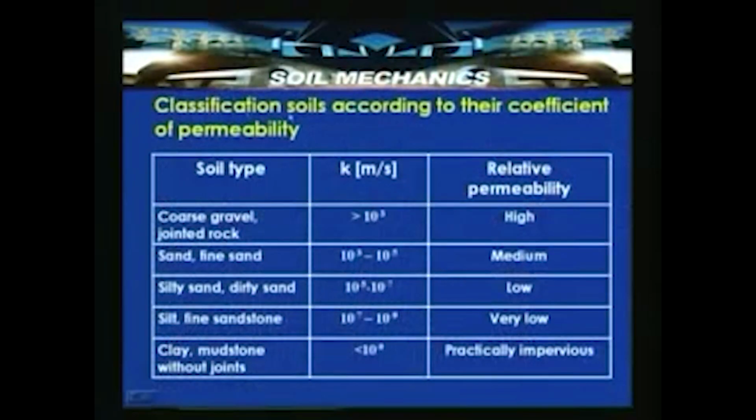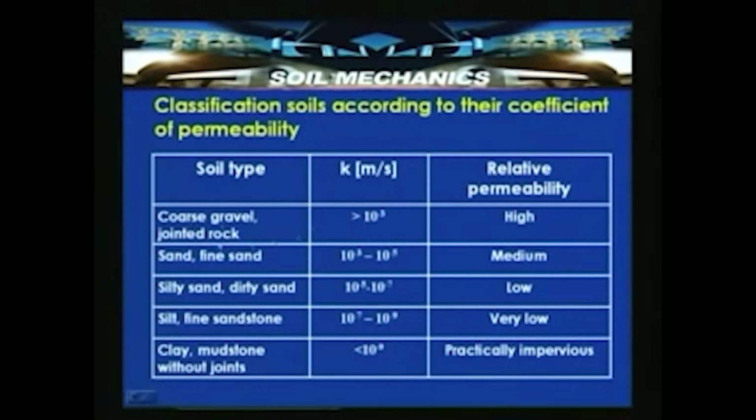Based on these permeability values which are computed, the soil can be classified. This classification of soils according to their coefficient of permeability can be carried out as follows. In this table, the first column tells about soil type, the second column gives coefficient of permeability in meter per second, and the third column gives relative permeability.